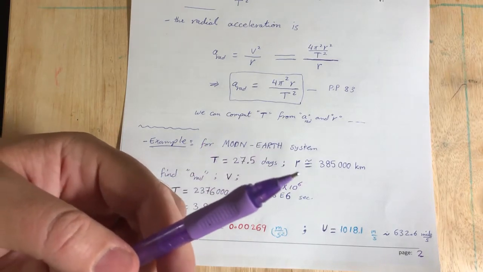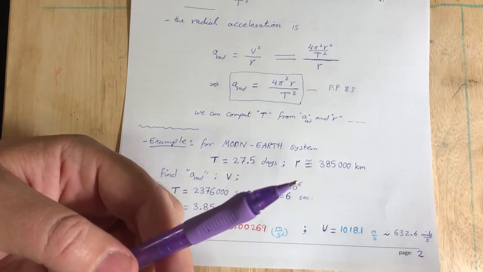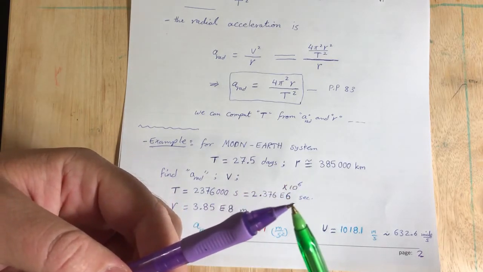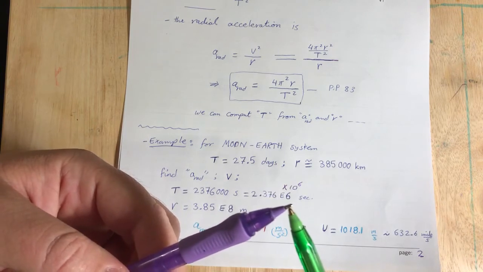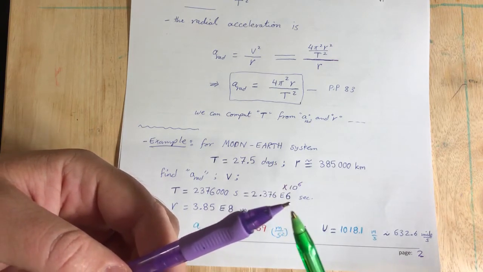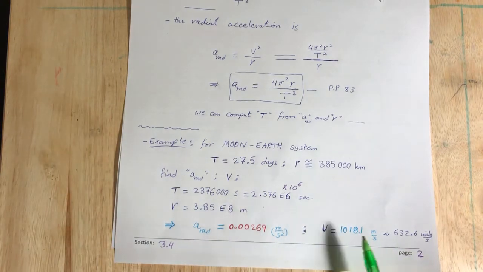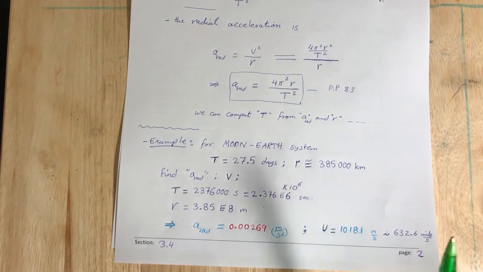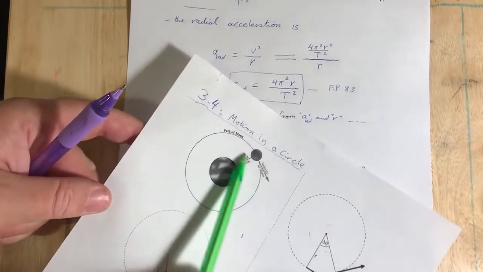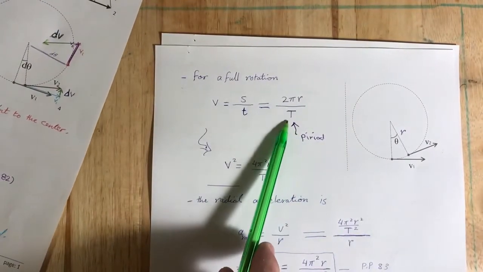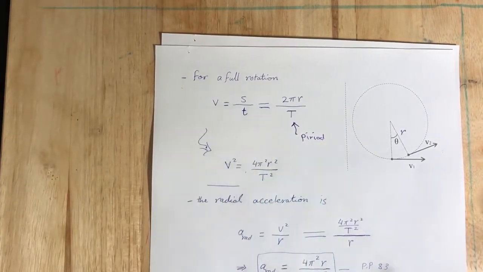It means that every second the Moon gets closer to Earth by this distance. What is the velocity, or I'm sorry, what is the speed for the Moon rotating around the Earth? The speed is equal to 2 pi r over T capital, which is the period.